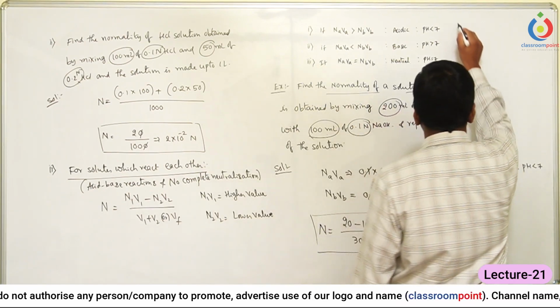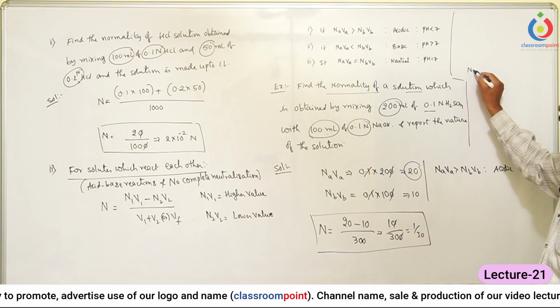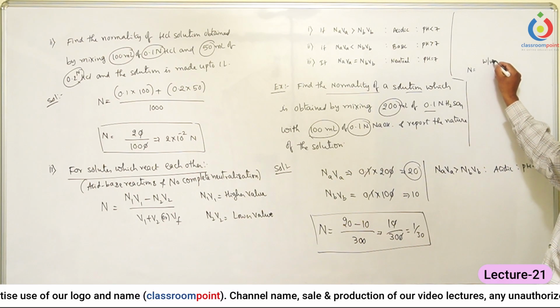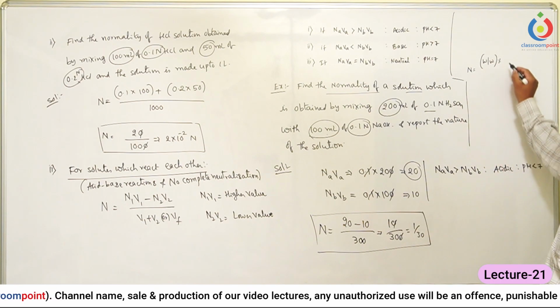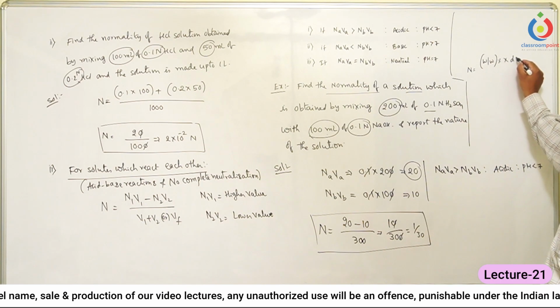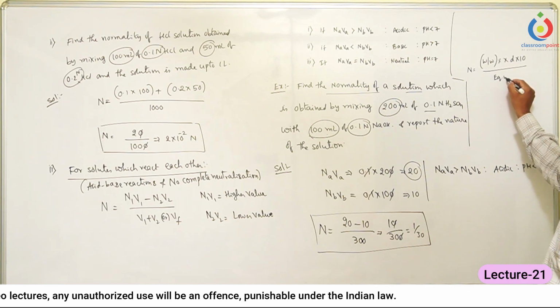Apart from this, where can normality be used? Normality can be used if the weight by weight percentage of the solution is given. The formula is weight by weight percentage into density into 10 by the equivalent weight of the solute.